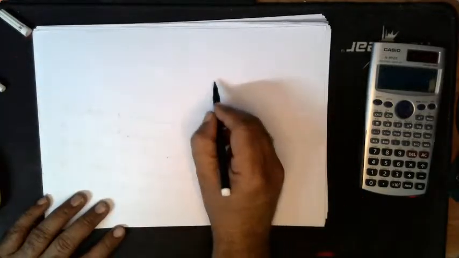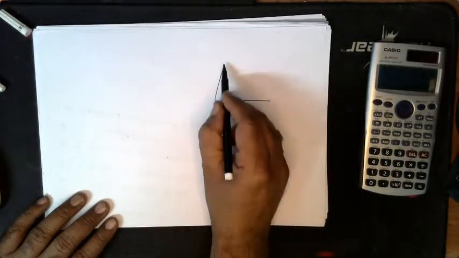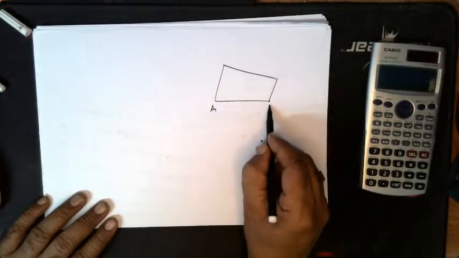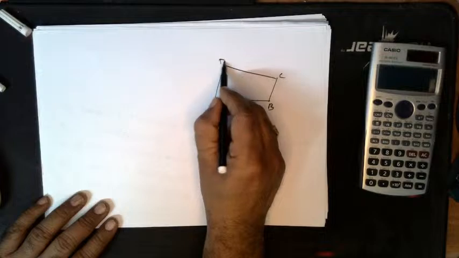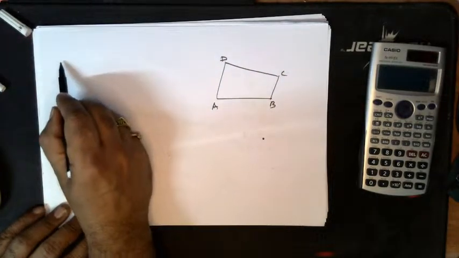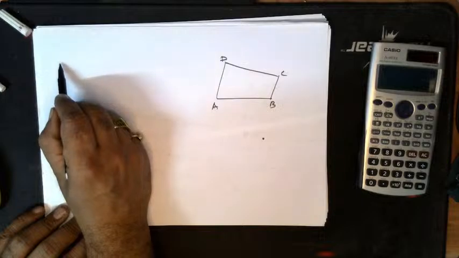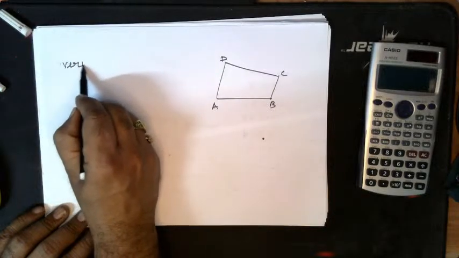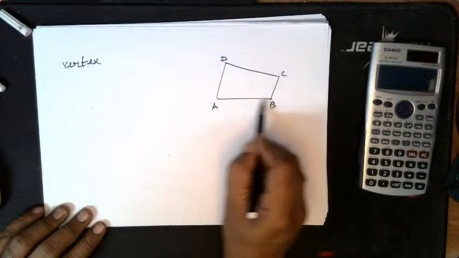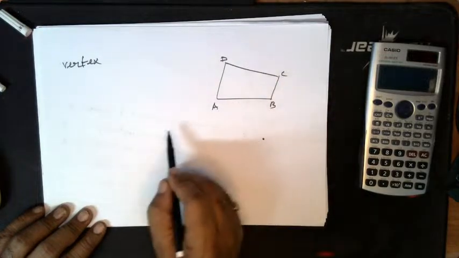Let us consider a quadrilateral ABCD. So here it has 4 vertices. Vertex means A is a vertex, B is a vertex, C is a vertex.